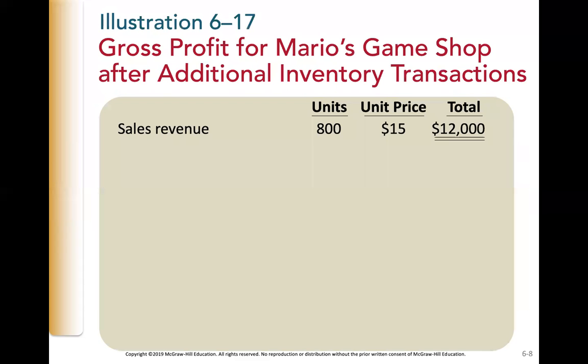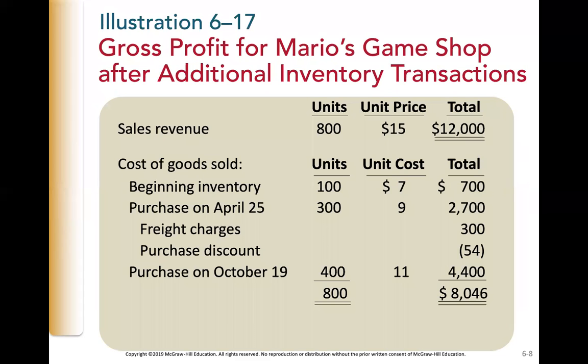So let's take a look at the gross profit from Mario's Game Shop after we record these additional inventory transactions. As we know, Mario sold 800 units for $15 a piece, so his total sales revenue is $12,000. Then his cost of goods sold.